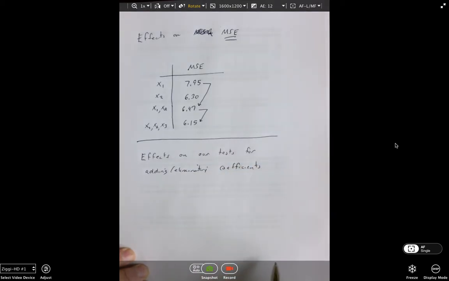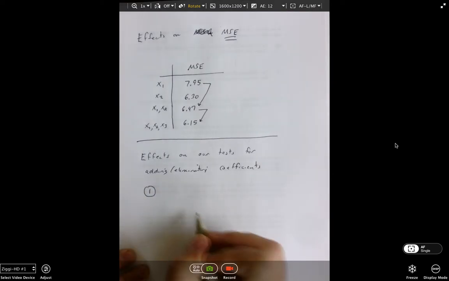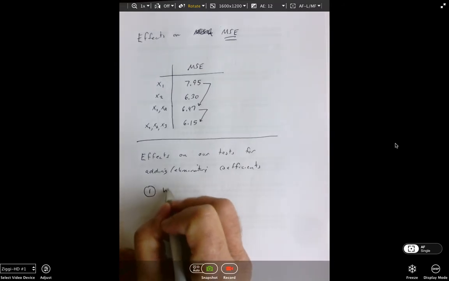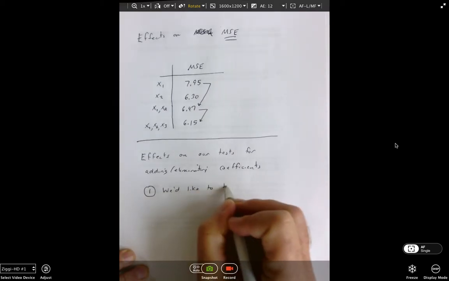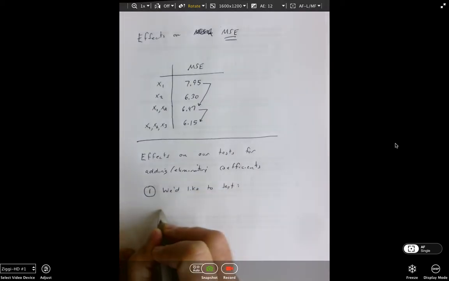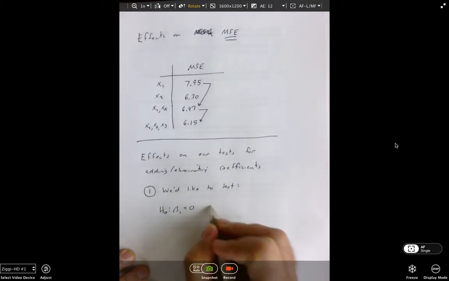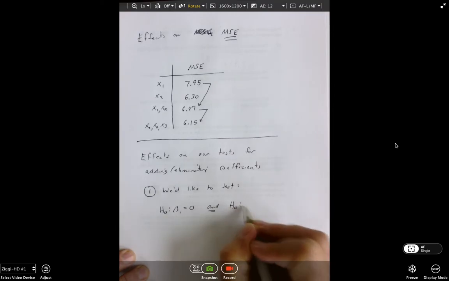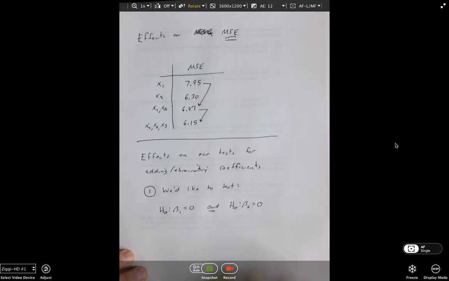Okay, now let's say number one, first thing we'd like to do is test two things. First of all, I'd like to test beta 1 equal to 0, and I'd also like to conduct a separate test for beta 2 equals 0.